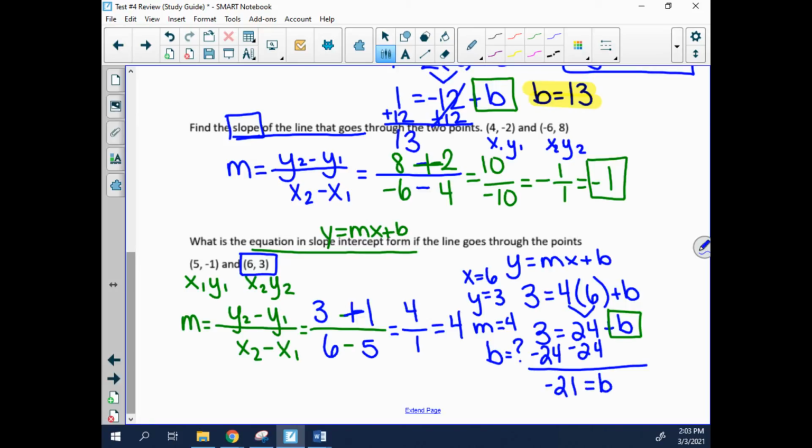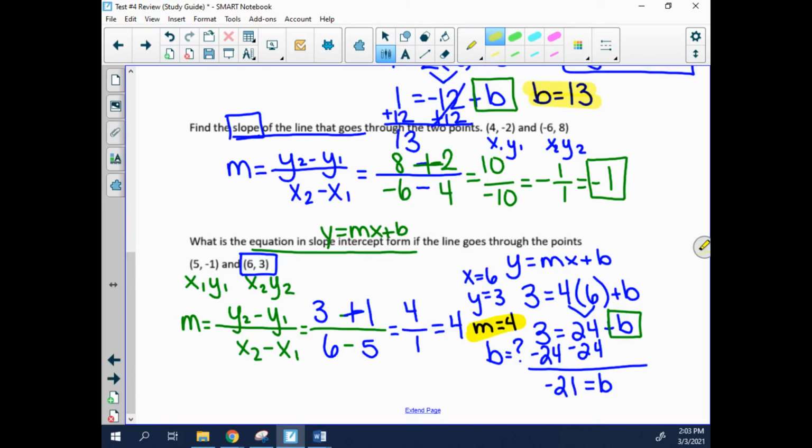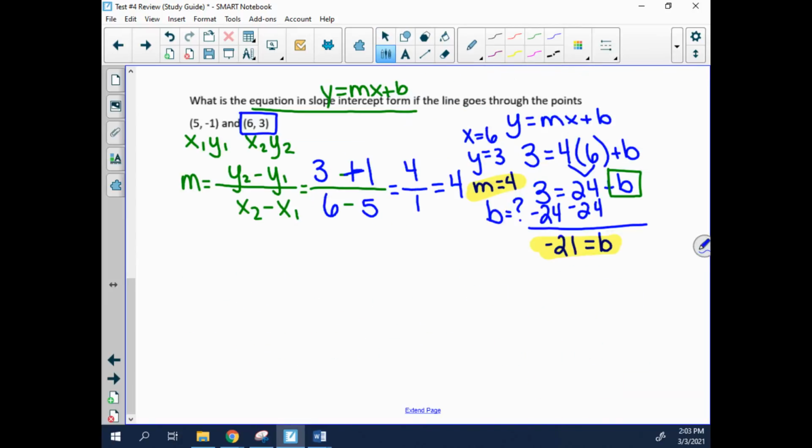So b equals negative 21. We now have our m of 4, our b of negative 21. So we can write our final answer as y equals 4x minus 21, where 4 is our m and negative 21 is our b.